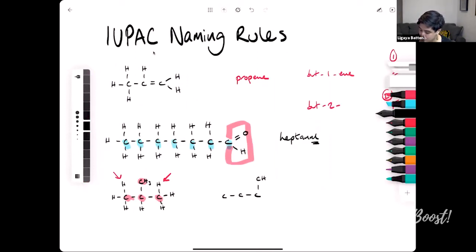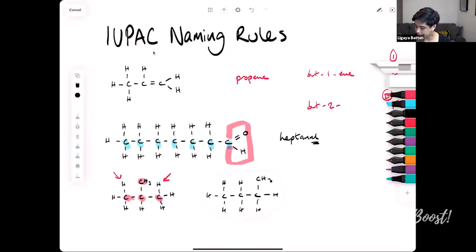If we have the CH3 here and the rest of the molecule is the same, then this is actually just butane, because that methyl group isn't actually a branch off the carbon. So in this case, you can't have the branch on the first carbon or the second carbon. So you don't need a number in there, because that methyl group will always be on that central carbon. So I'll erase this bit for now.